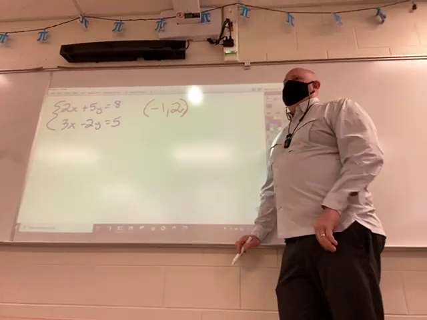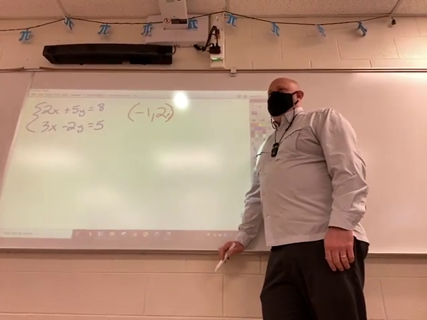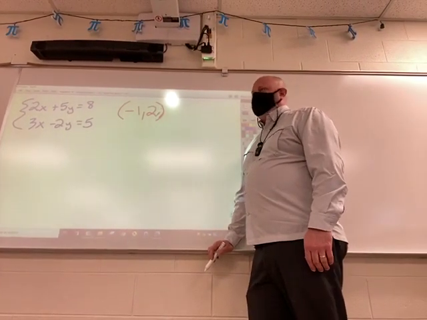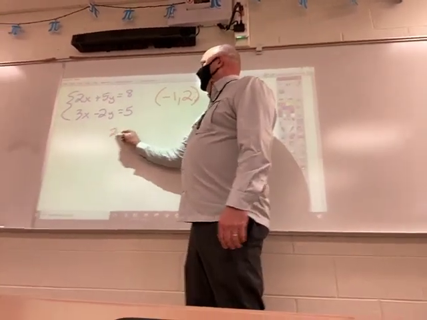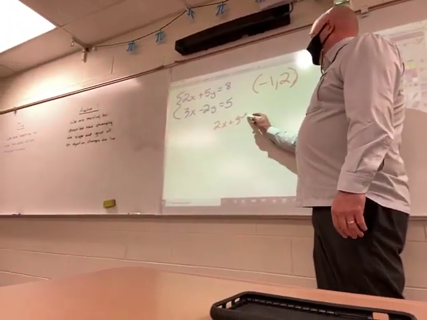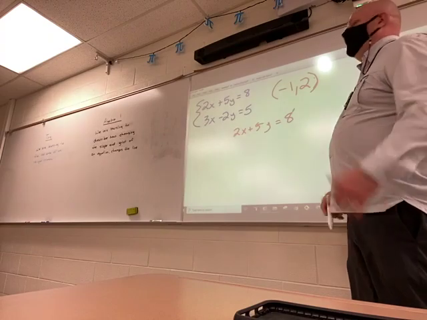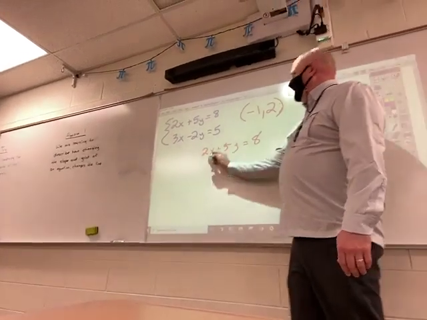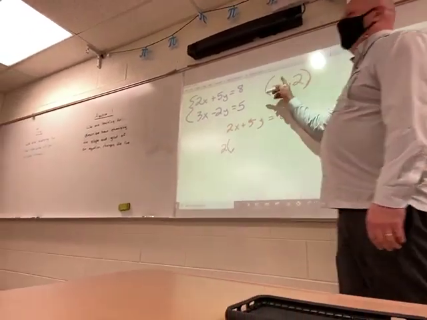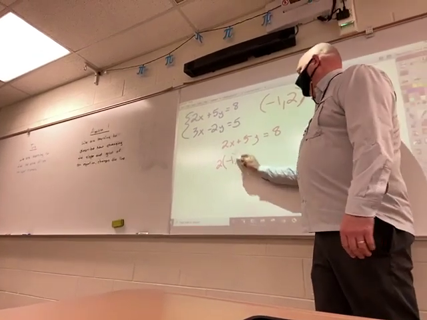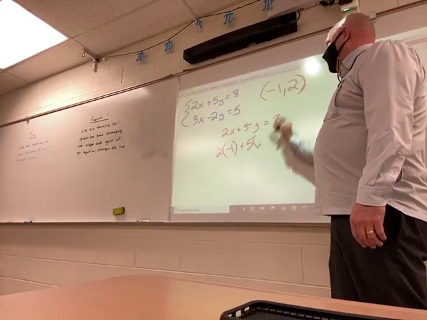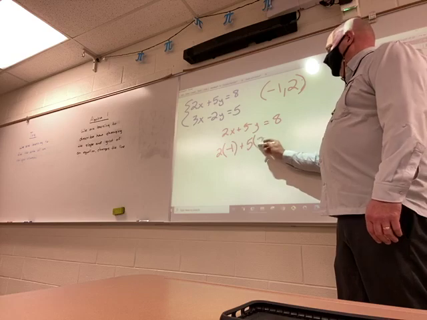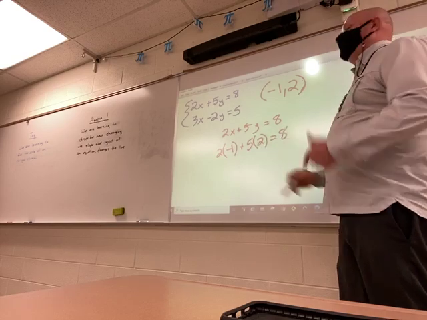There is a really, really easy way to check. Plug it in. Take that 2x plus 5y equals 8. Plug that point in. Instead of an x, we're going to plug in a negative 1. Instead of a y, we're going to plug in a 2. Does this work?